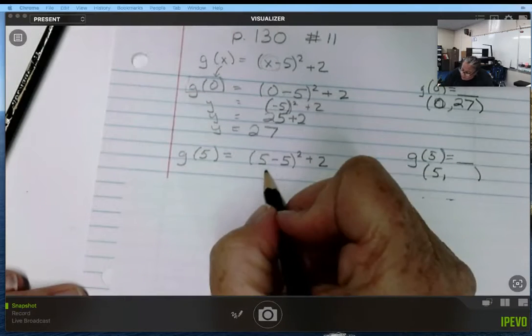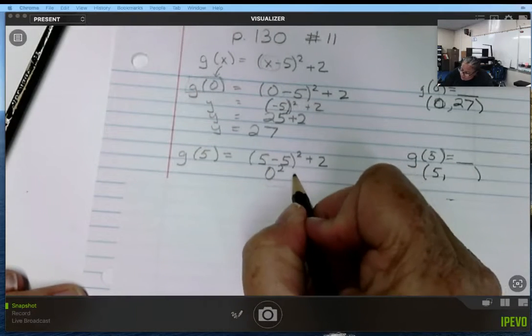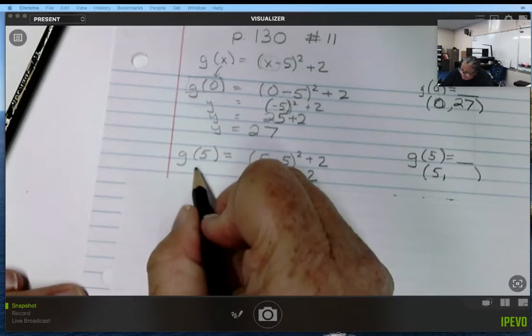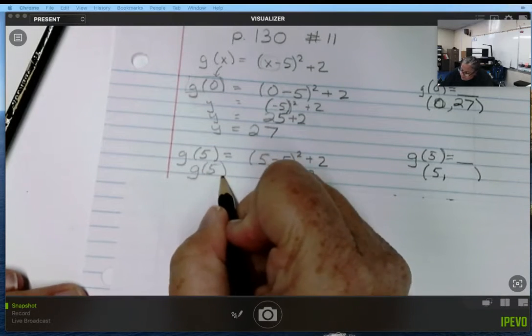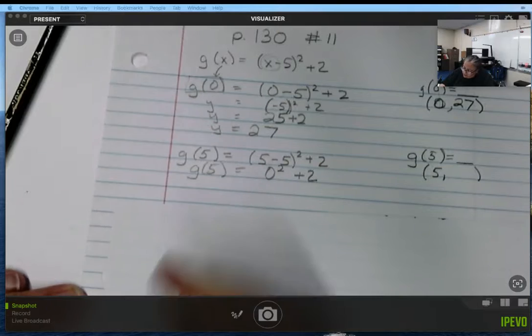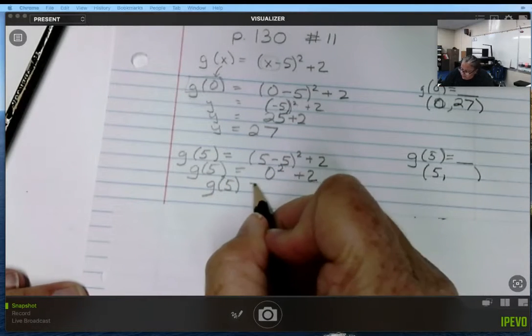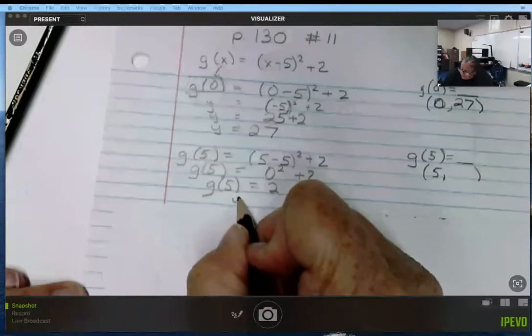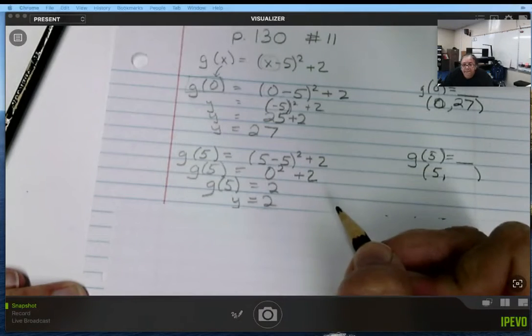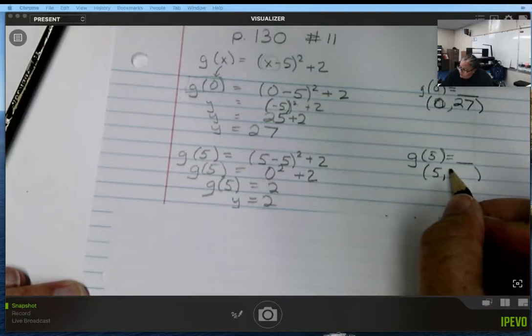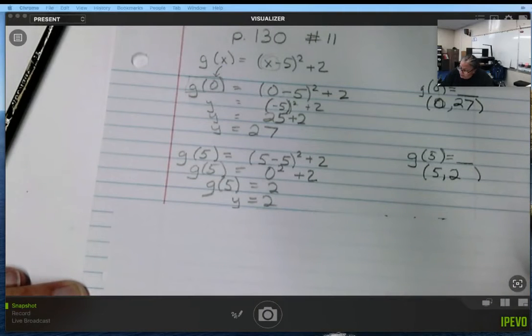That's 0 squared. Now, don't think you're all done because you still have this plus 2, right? So g of 5 equals 0 squared plus 2. That means that g of 5 just equals 2. Or if it makes you feel better, you could say y equals 2. So that means I have an ordered pair 5, comma 2.